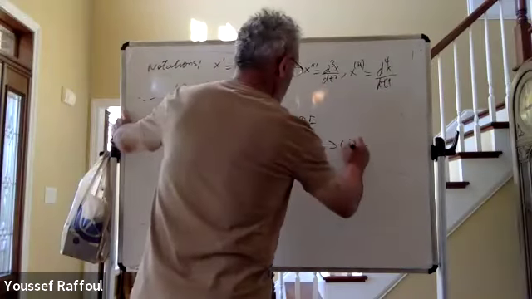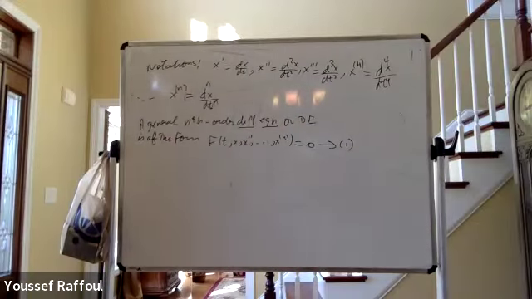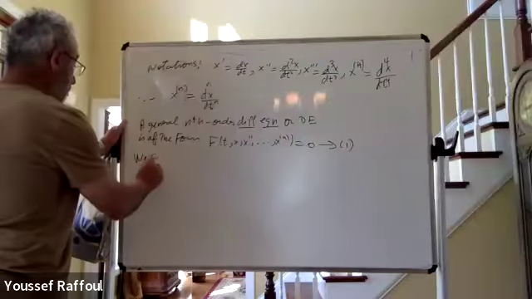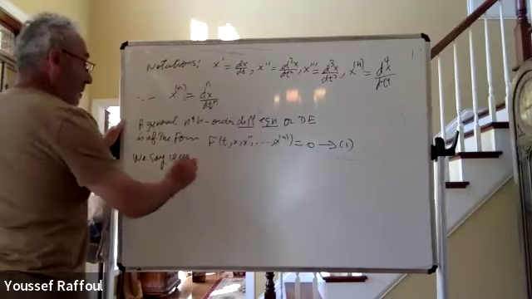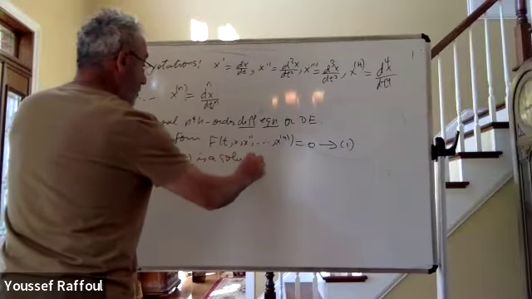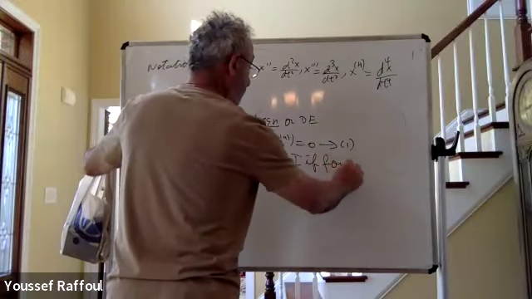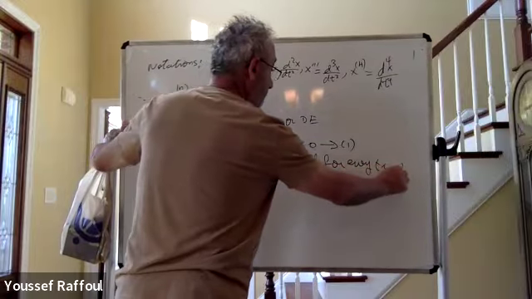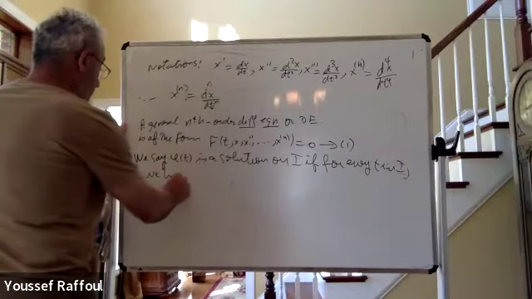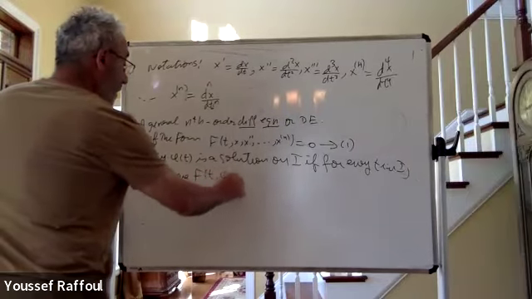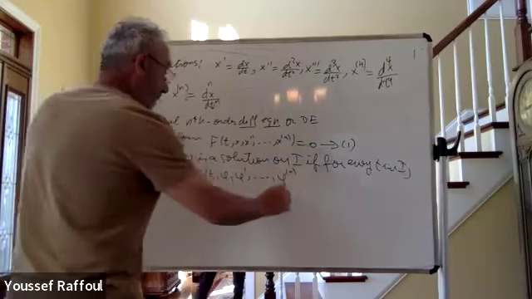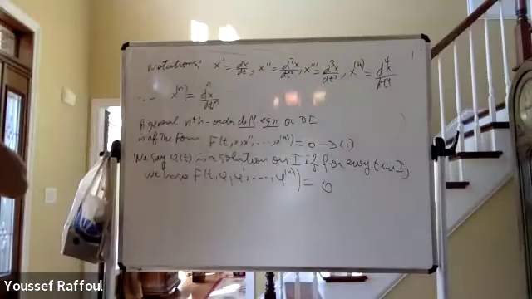And let's call this 1. So we say phi of t is a solution on I if for every t in I we have f of t, phi, phi prime, up to phi to the power n is equal to 0. Okay?